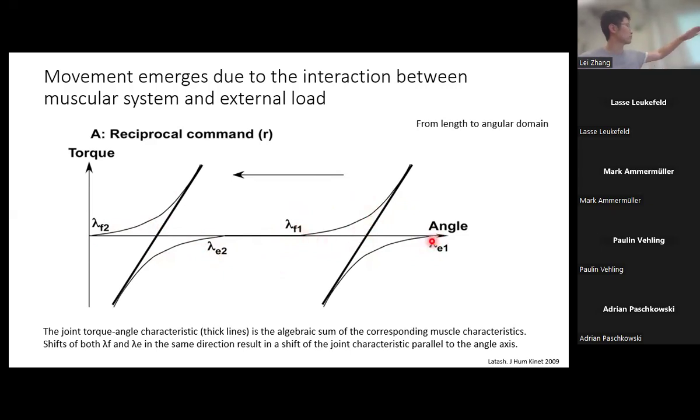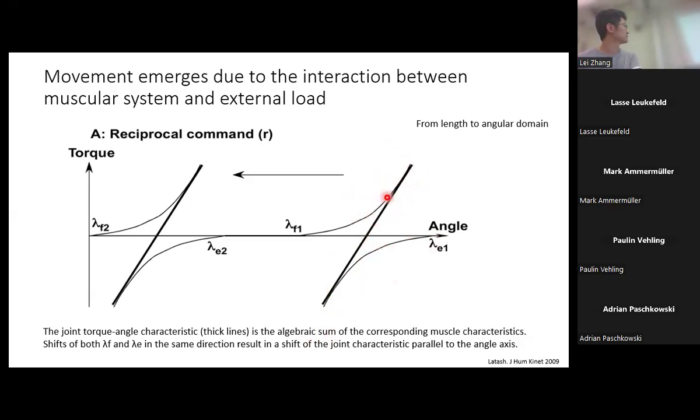If you plot the force, the extensor has to have the opposite sign, so that's why it goes to the negative part. If you sum these two characteristics together, you will have a roughly linear line, which is called the joint torque. If you sum up two muscles, you have a joint torque acting at the angle.